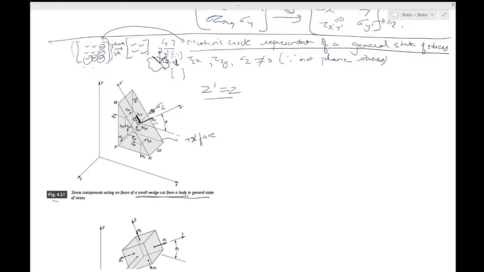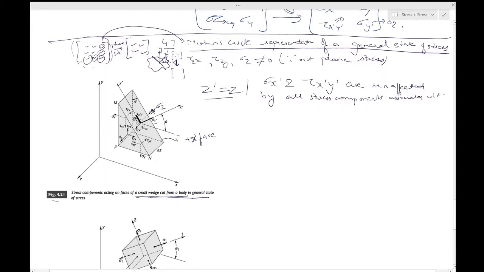What they say is that sigma x dash and tau x dash y dash are unaffected by all stress components associated with the z-axis.